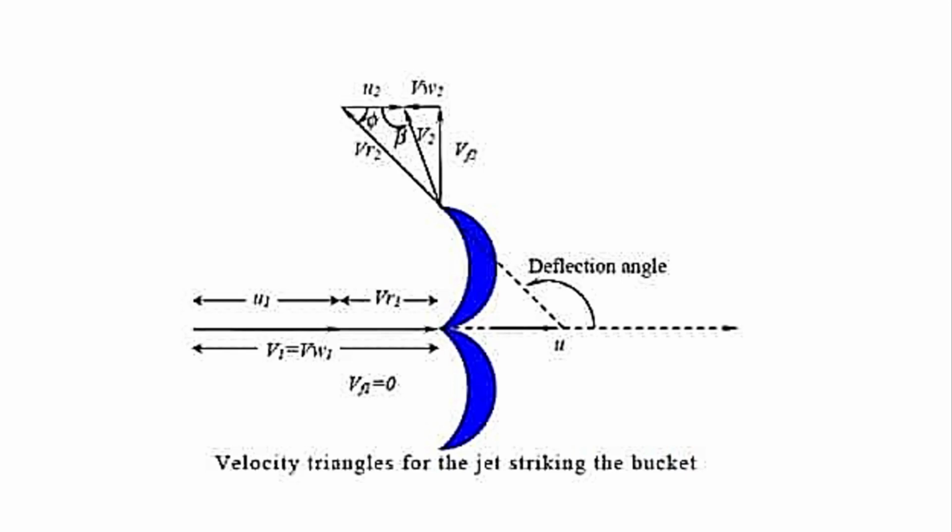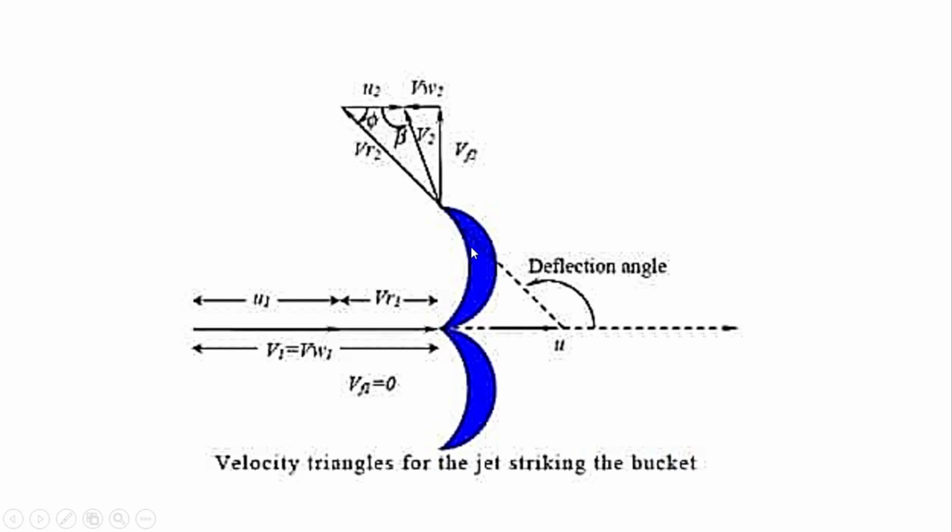But when the water strikes the splitter, it will be split into two equal parts because of the symmetry of the bucket, and it will leave the water like this.